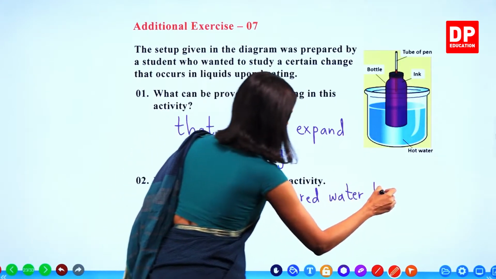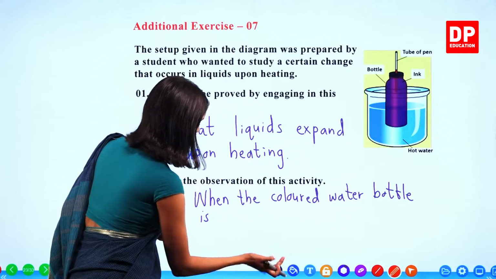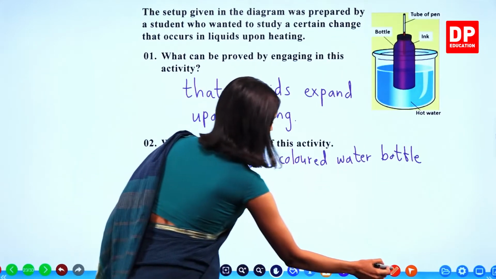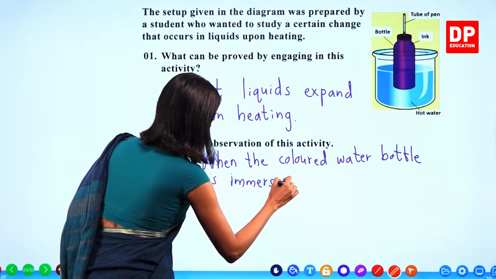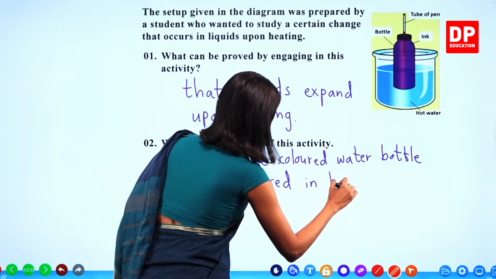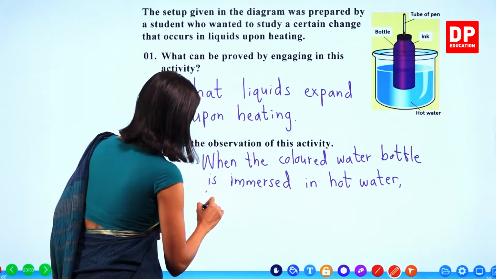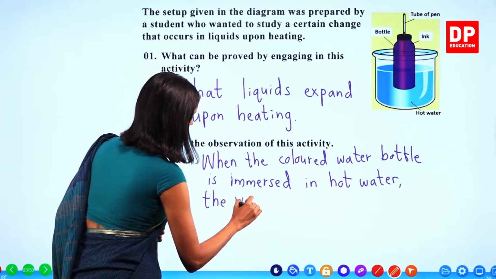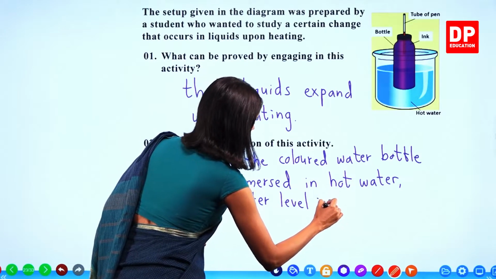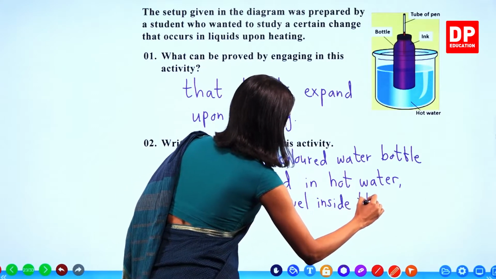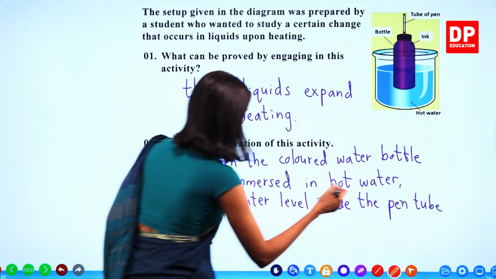When the colored water bottle or ink bottle is immersed in hot water, the water level inside the pen tube, what happens?